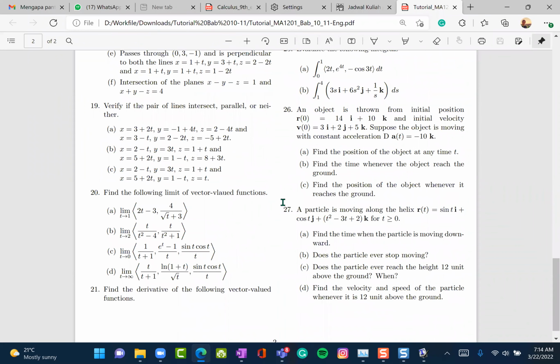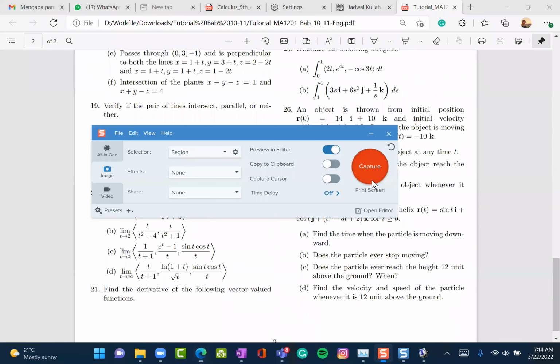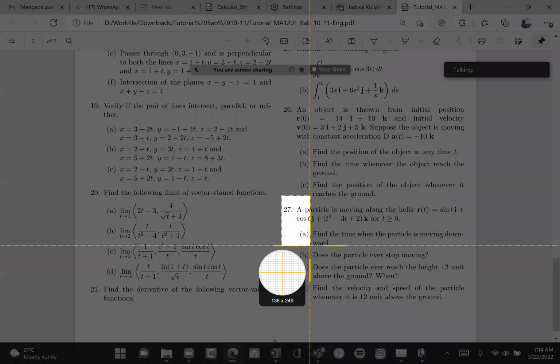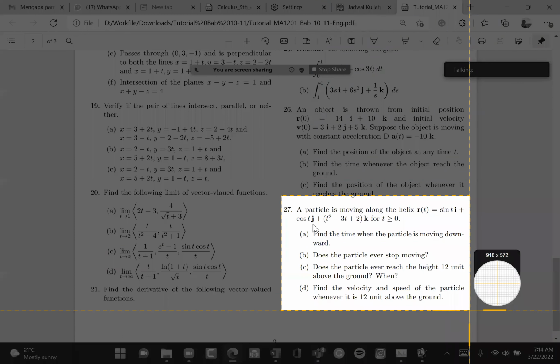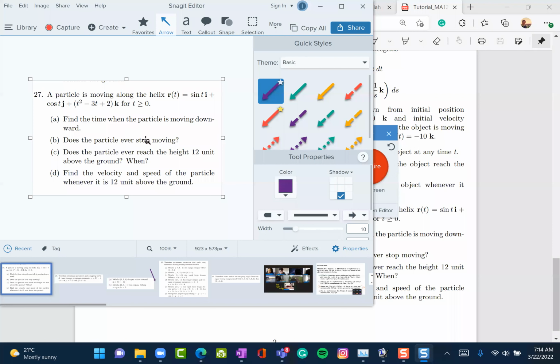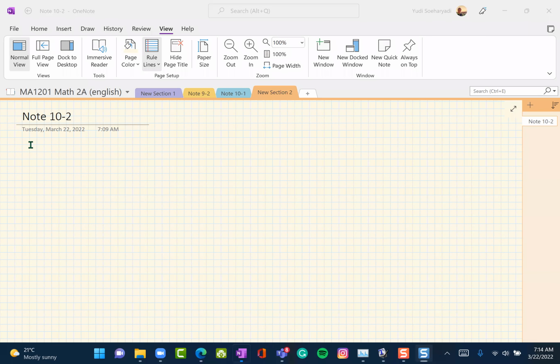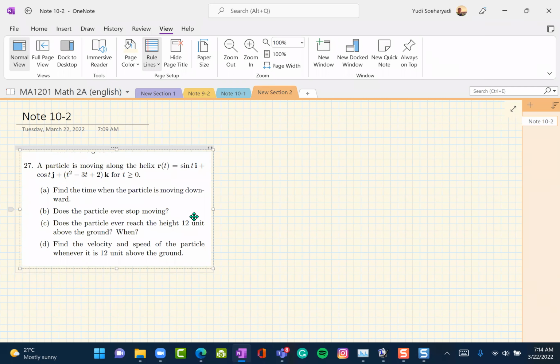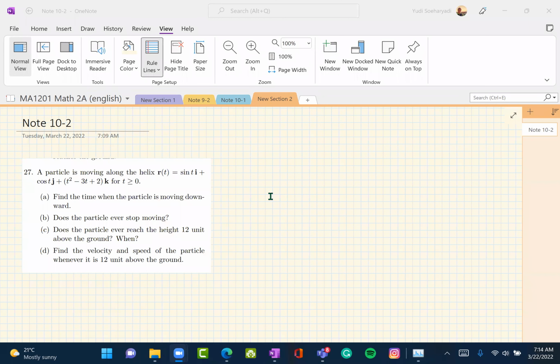All right, so the last problem. So this is the problem.